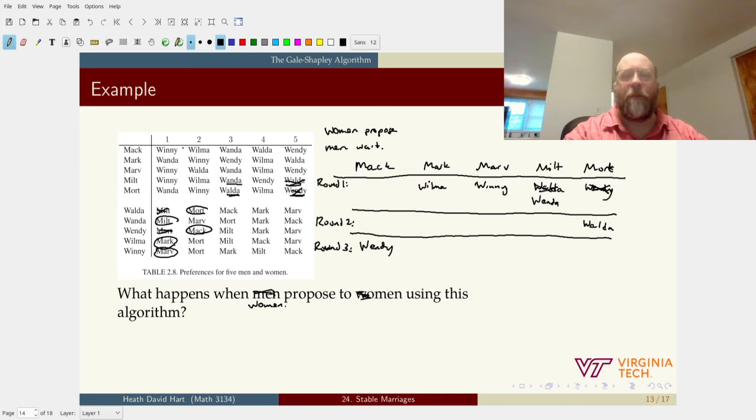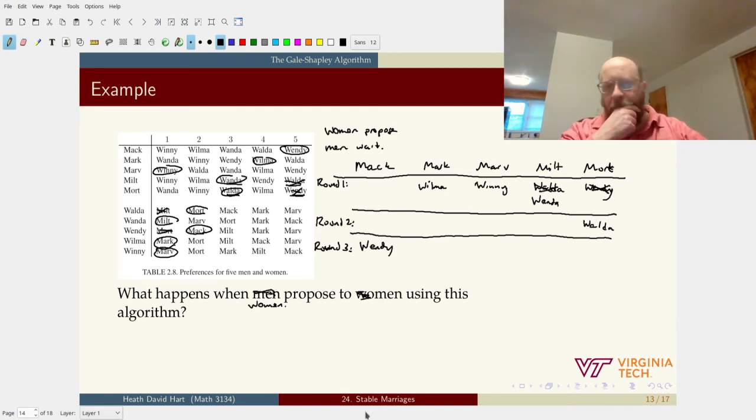Or if we circle them up here, Mac got Wendy, who was his very last choice, but the only one who asked. Mark got Wilma. Marv got Winnie. Milt got Wanda, and Mort got Walda. Okay?